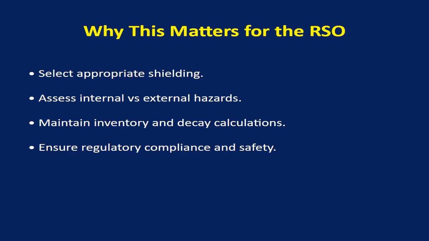You must know if your source is an internal hazard like alpha or an external hazard like gamma, so you can choose the right shielding. You must track your inventory using half-life calculations so you never exceed your legal limits. Understanding the science is the first step to keeping everyone safe.